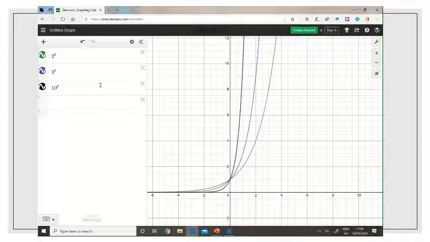At 1, you have a value of 2. For 3 to the power of x, which is the purple graph, at 1, you've got a value of 3. So 3 to the power of 1 is 3. And then at the black graph at 1, which is 10 to the power of x, you will have 10. So when you have a look at a function, you should always be able to predict those two coordinates. So the coordinate where x is equal to 0 and the coordinate where x is equal to 1.